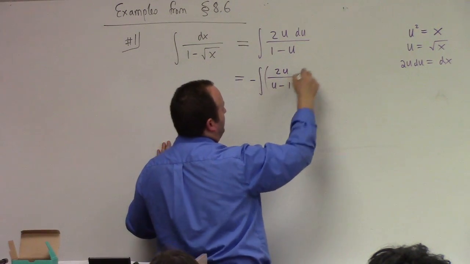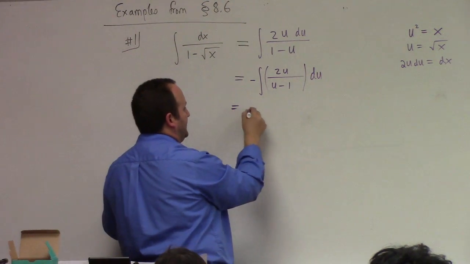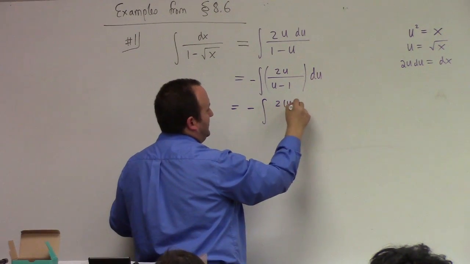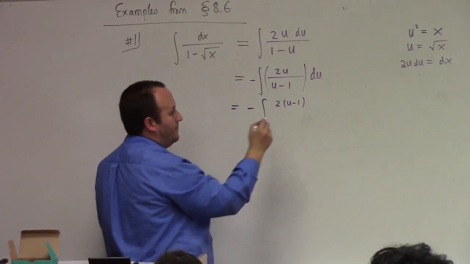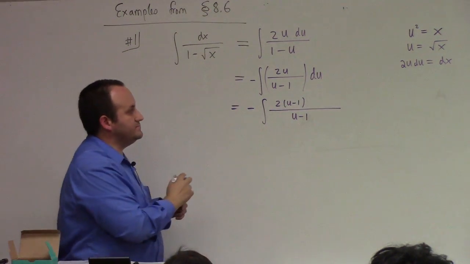It's been a long day. With that, I have an easier time thinking. I'm going to leave that minus outside. So look at this. This is 2 times u minus 1, right? Then what?